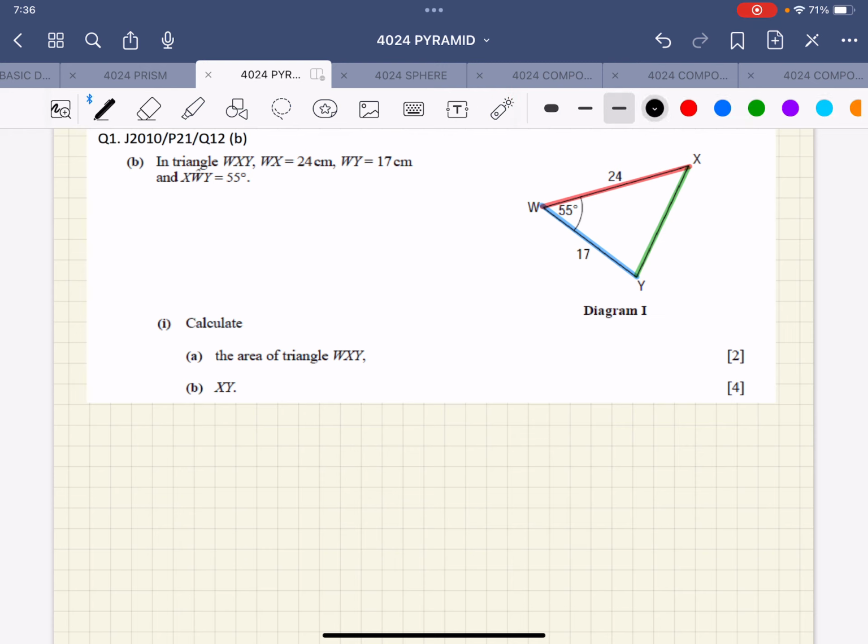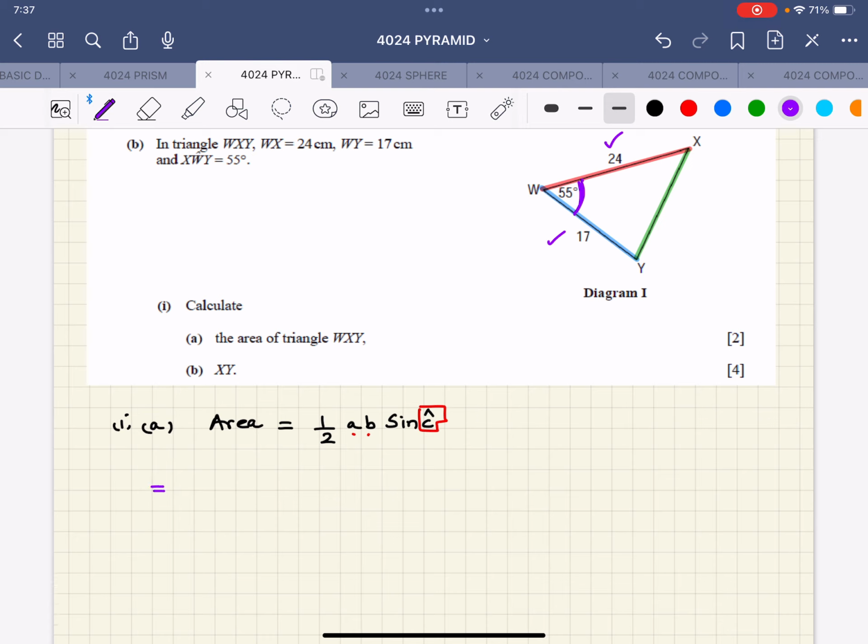So first of all, part A, the formula is area of triangle. Since it's a non-right angle triangle, half ab sine C. What is a and what is b? Two sides, and C is the included angle. So we have two sides, this, and therefore 55 degrees is the included angle.